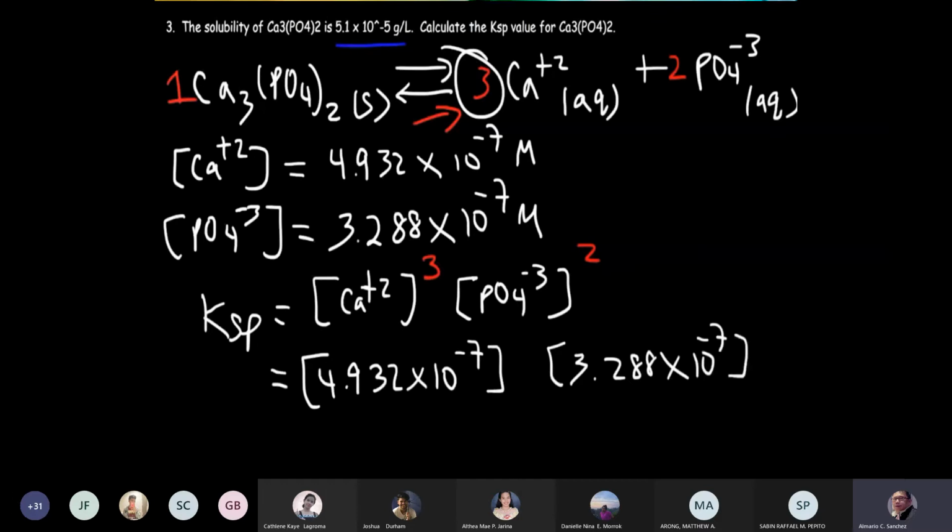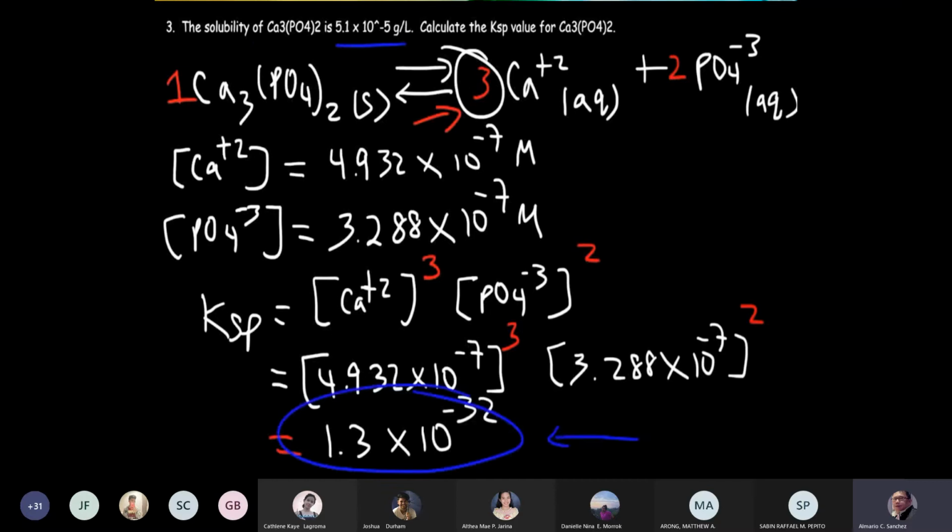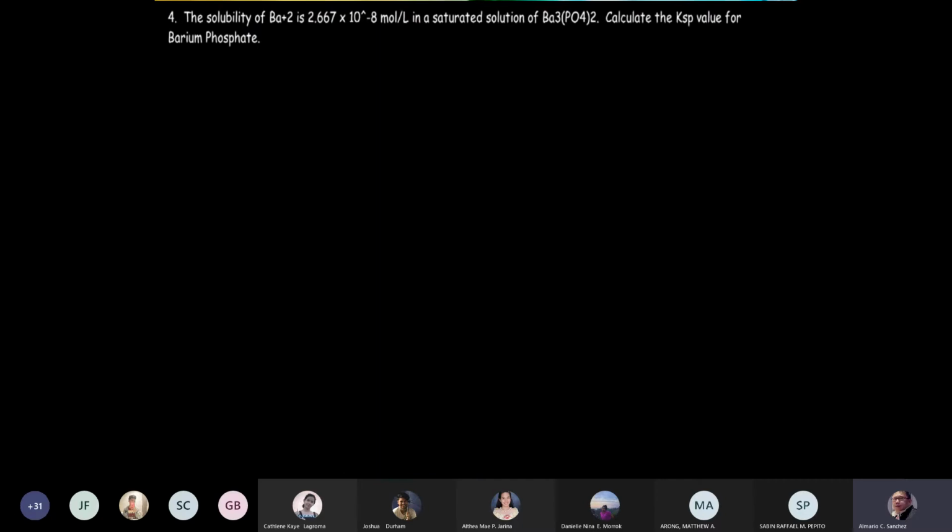And don't forget to raise this to the third power and that to the second power. So go ahead and type in what you see in the calculator. So this is equal to 1.3 times 10 raised to the negative 32. So this is the KSP value for calcium phosphate. That's the answer. Number 4.